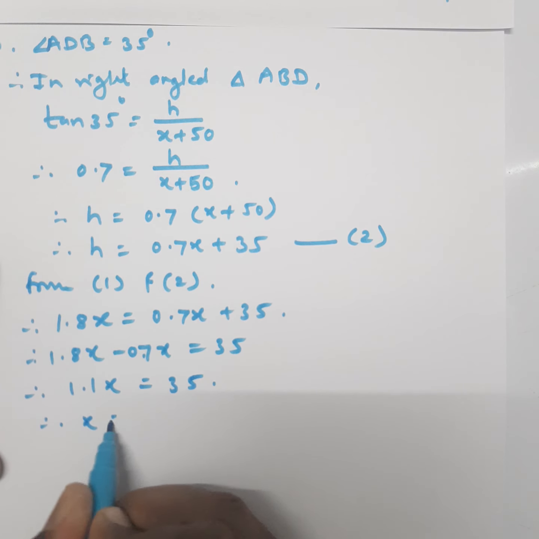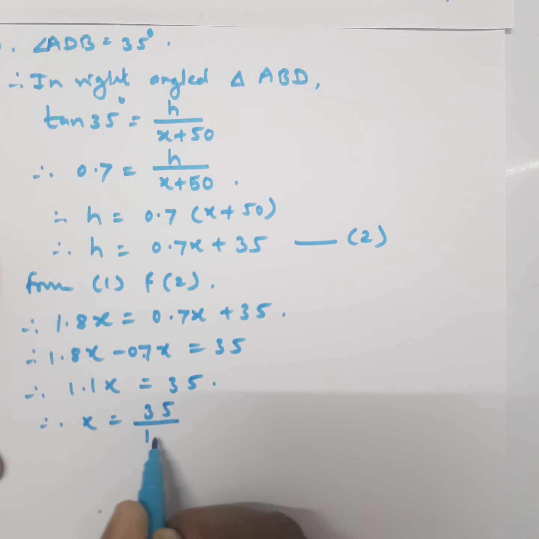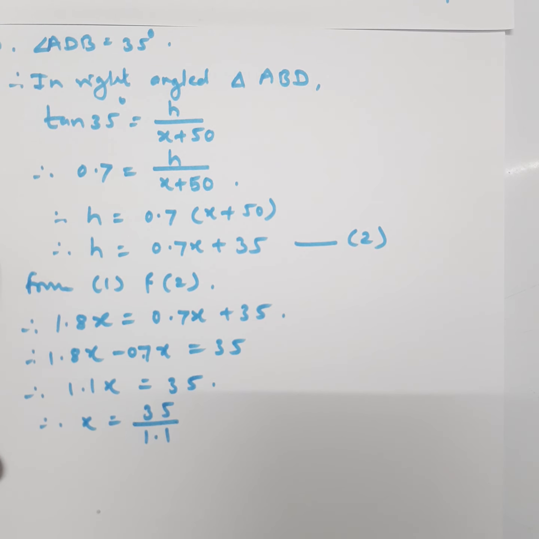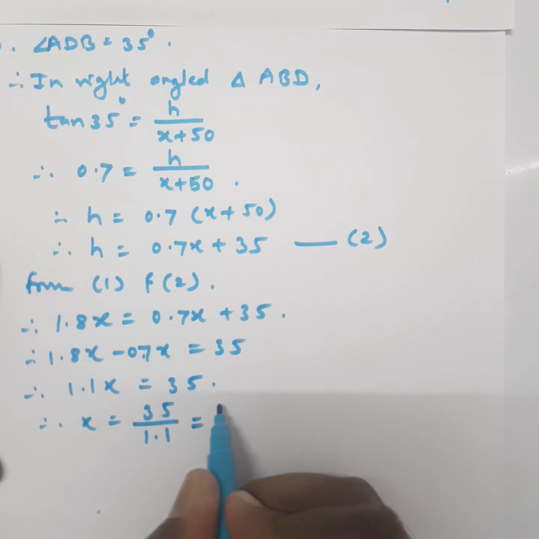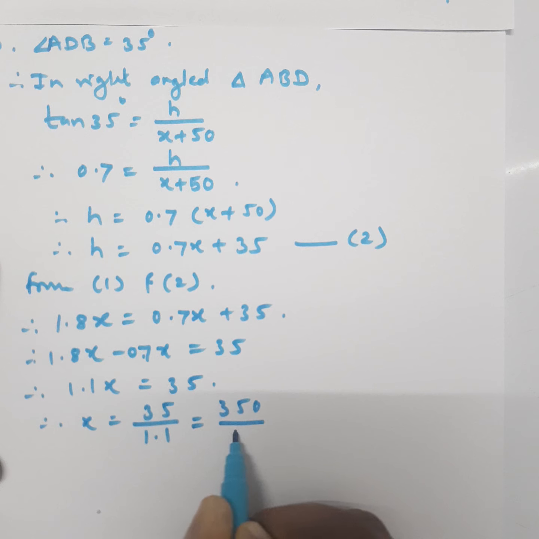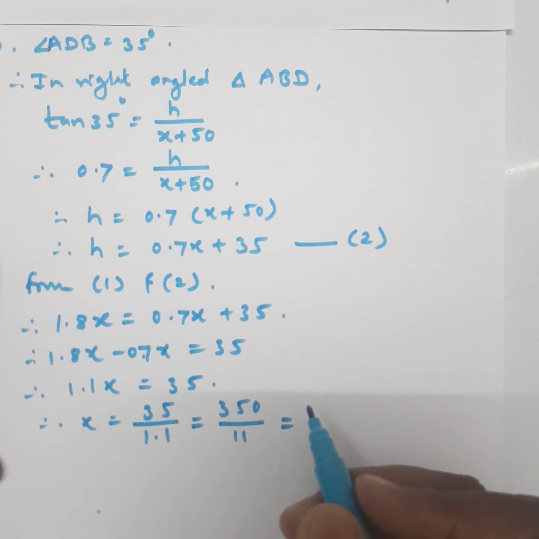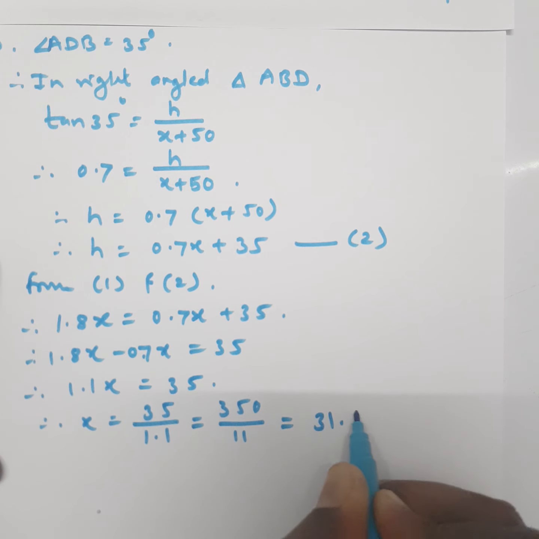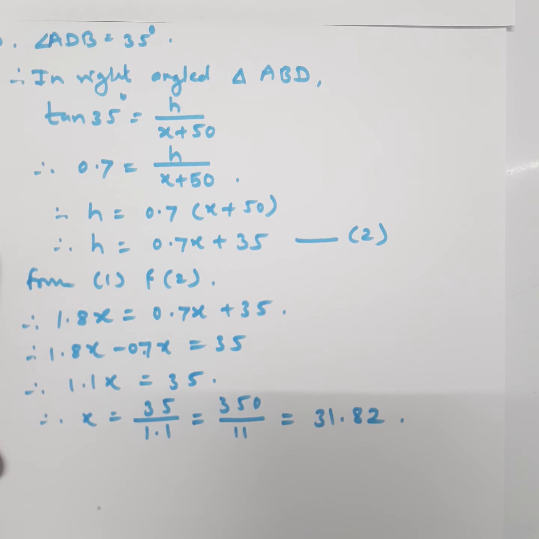Therefore x is equal to 35 upon 1.1. If we divide 35 by 1.1, or 350 by 11, then it will be 31.82. The value of x, that is the width of the river, will be 31.82 meter.